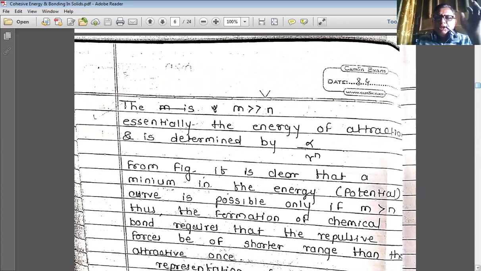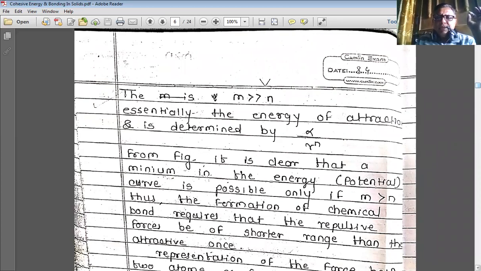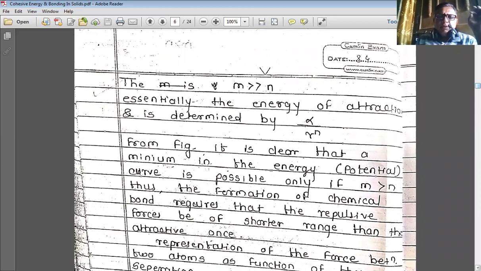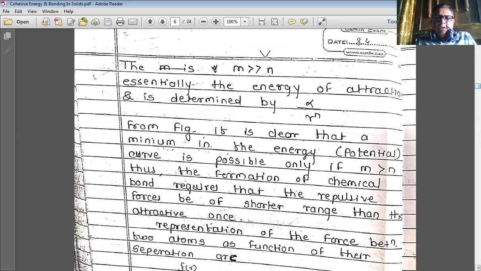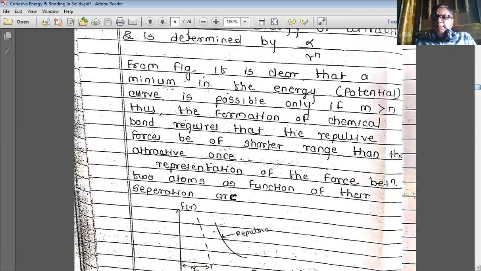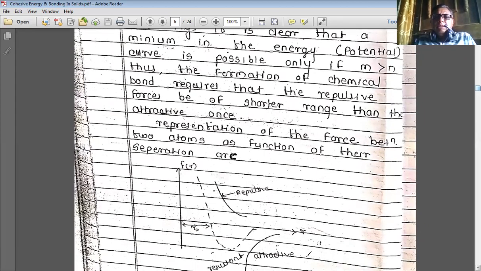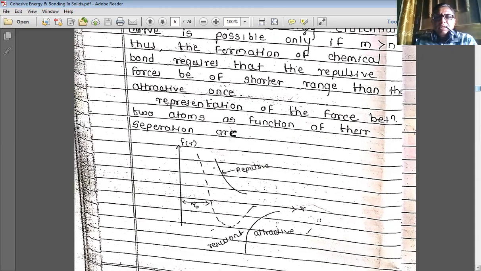Thus, the formation of a chemical bond requires that the repulsive forces be of shorter range than attractive ones. Representations of the force between two atoms as a function of their separation: there is repulsion, there the resultant is attractive, and this is the distance r₀, F of r.